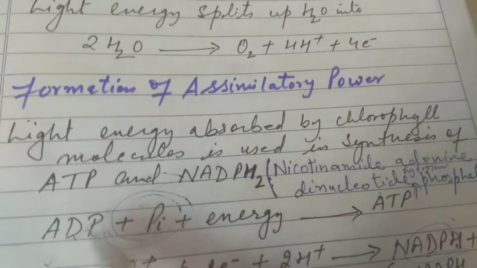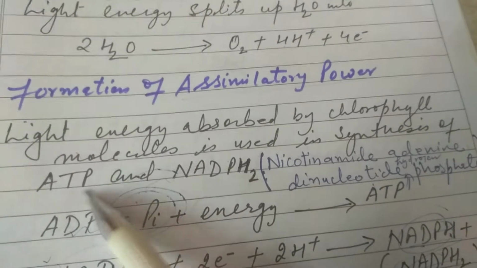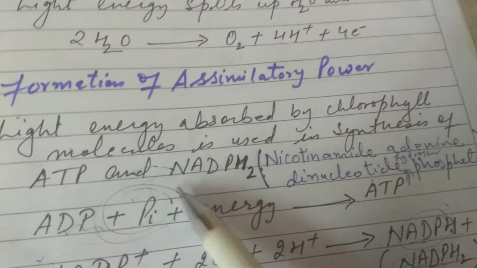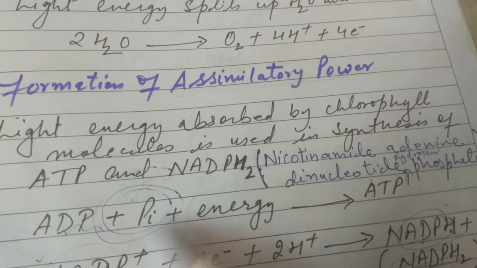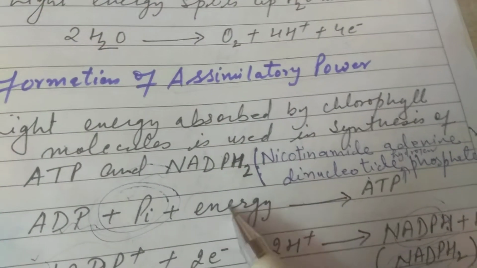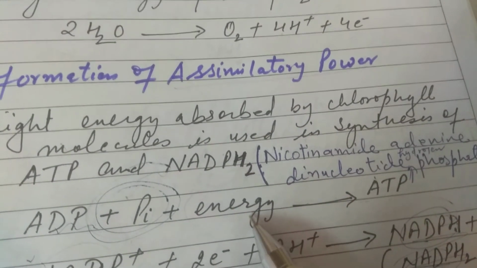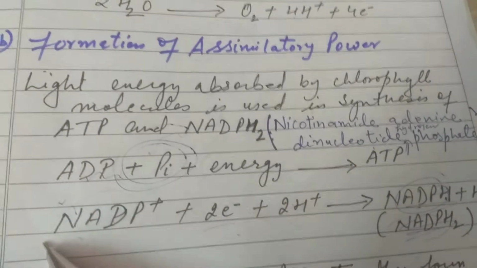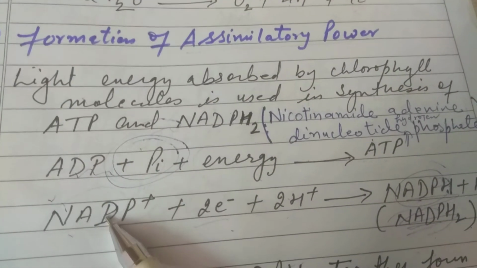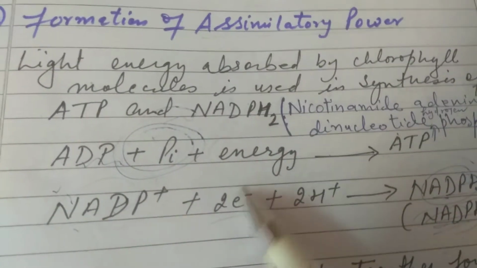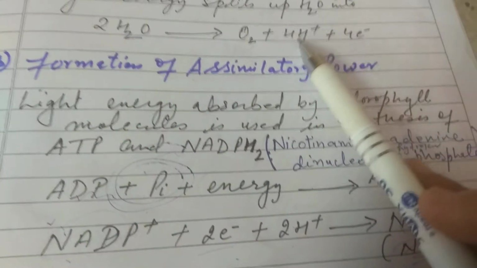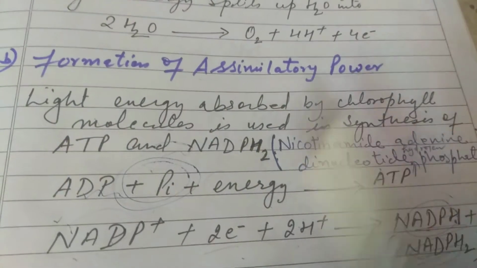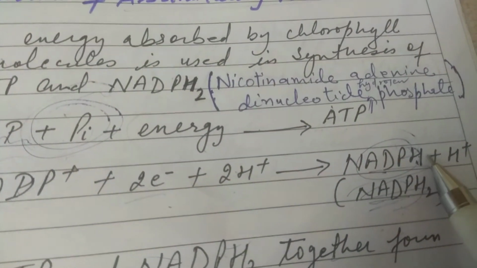Okay, how do they form? When adenosine diphosphate combines with inorganic phosphate with the help of energy, it forms ATP. And NADP, nicotinamide adenine dinucleotide phosphate, uses the hydrogen formed in the first step, hydrogen and 2 electrons, and forms NADPH2.